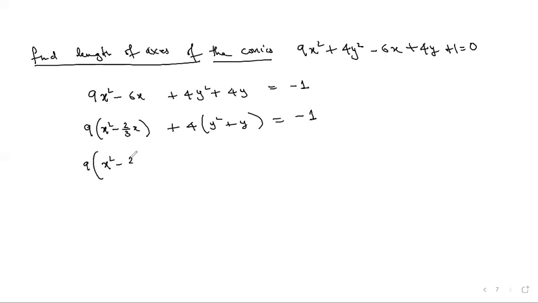What is our method? Half of the coefficient of x. If you divide this by 2, it becomes 1 by 3. So you have to add 1 by 9. The coefficient of y here is 1, divided by 2 and then square, so it becomes 1 by 4.